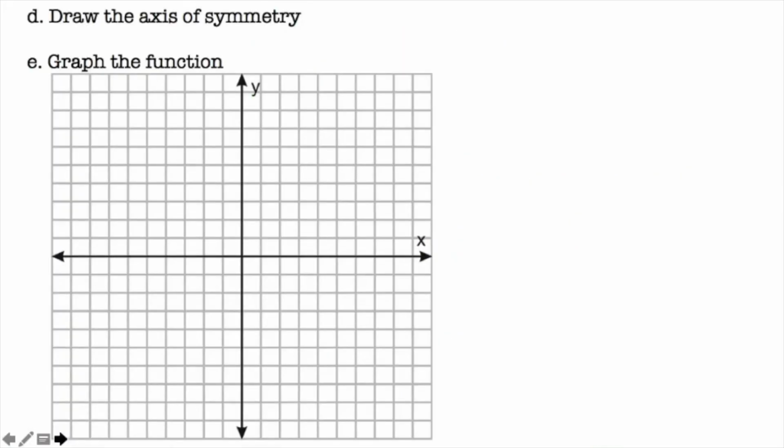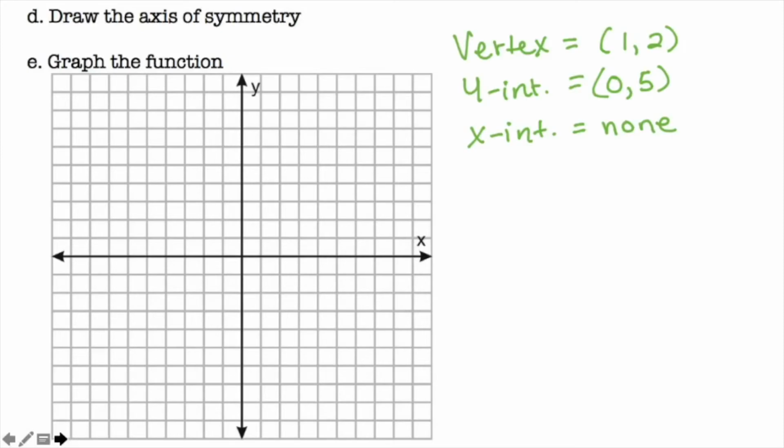All right, so for the last part of this problem, we have to draw the axis of symmetry and graph the function. I'm going to bring over the things from A, B, and C: the vertex is 1, 2, the y-intercept is 0, 5, and we don't have any x-intercepts that are real roots. So let's plot the 1, 2 and the 0, 5. We don't have a third point to be able to graph the rest of our parabola.